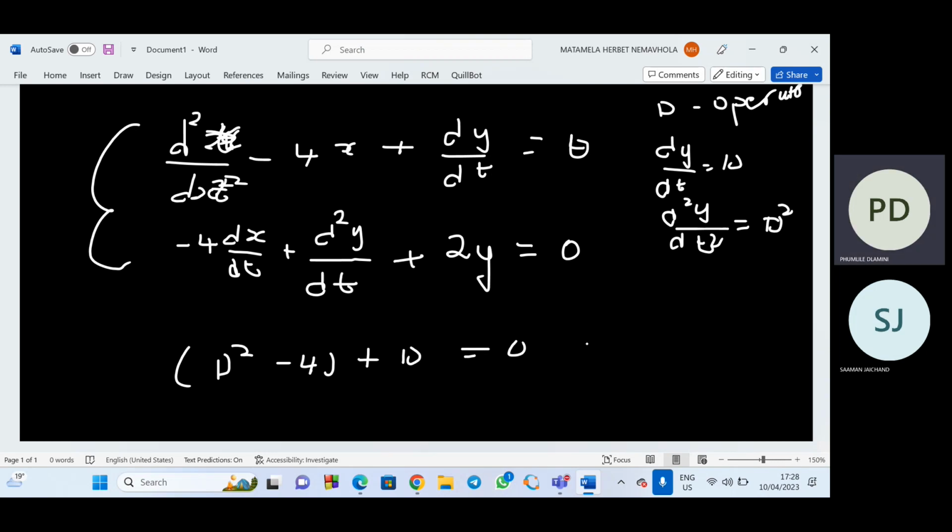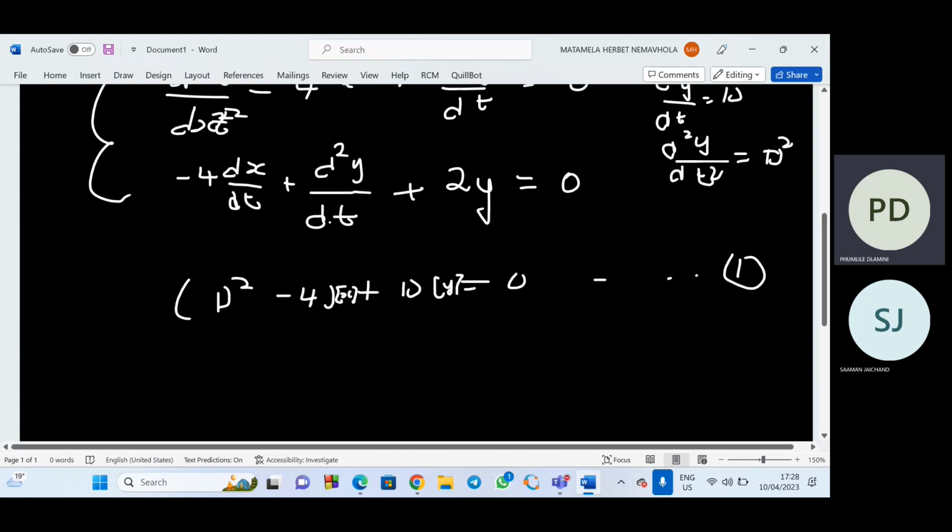So this equation here, which I just did, we can name equation 1. When we name it equation 1, dy over dt was of the form y, and d squared minus 4 was of the form x. So we can also include that. We're going to name this one equation 1.